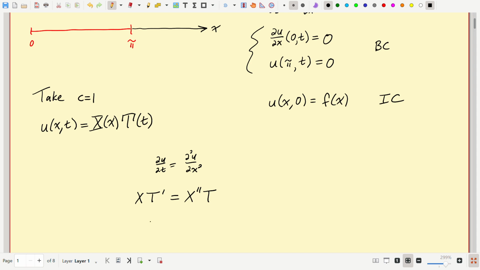I can pull all the t's to one side and all the x's to the other side. So I get T prime over T equals X double prime over X. And the only way a function of t can be equal to a function of x, as you let the variables range, is if they're both equal to a constant lambda.